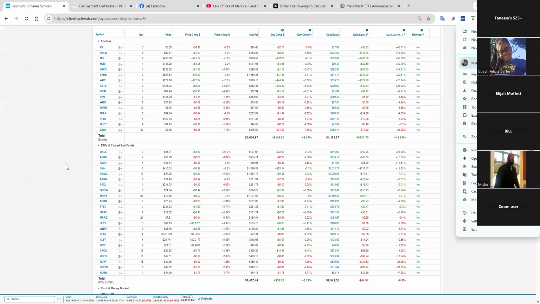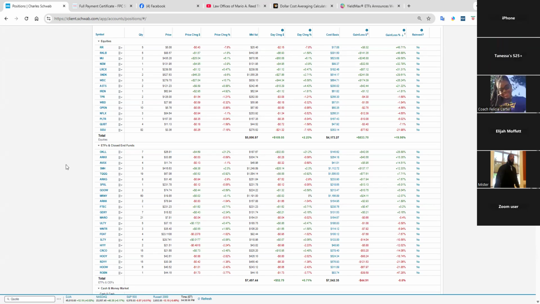Those positions are RR, RKLB, MU, NEM, LRCX, SNDK, WDC, ASTS, IREN, TPR, WBD, Warner Brothers, OPEN, NFLX, PLTR, QUBT, and SIDU.